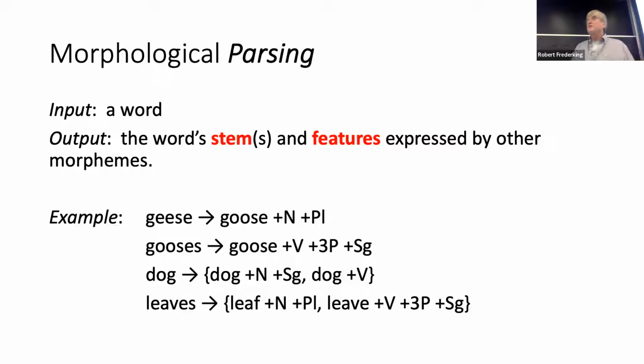But dog can also actually be a verb. You can dog somebody. You're not letting them alone because you really want them to do something. And similarly, leaves could either be the plural form of the noun leaf, or it could be the third person singular of the verb leave. And so the output of this thing has to either make choices between ambiguous choices or produce all of them, depending on your application.